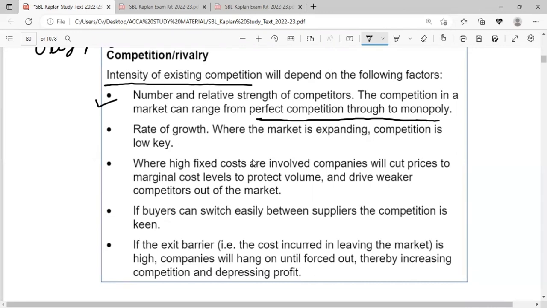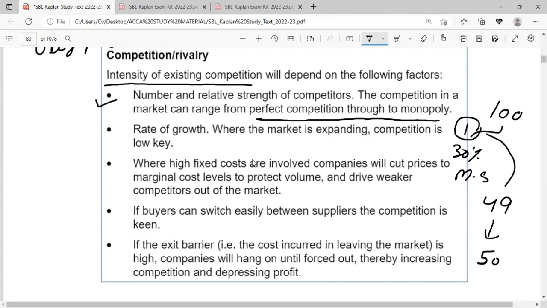But suppose there are 100 competitors in the market, one is having 30% market share, one is having 30%, 49 are having 50% market share, and the rest of the 50 are having the remaining 20% market share.